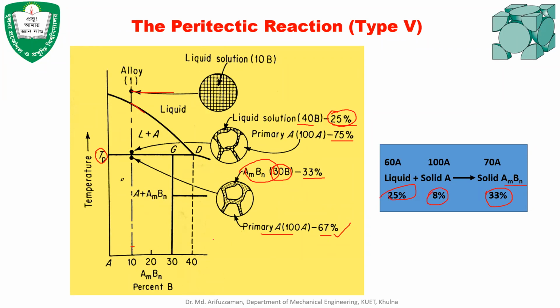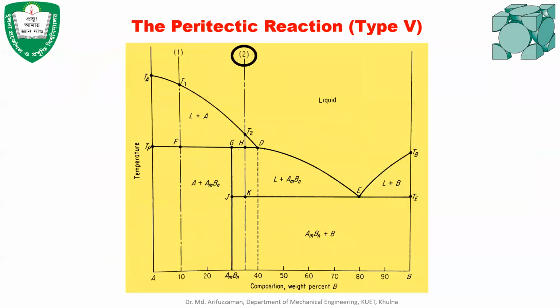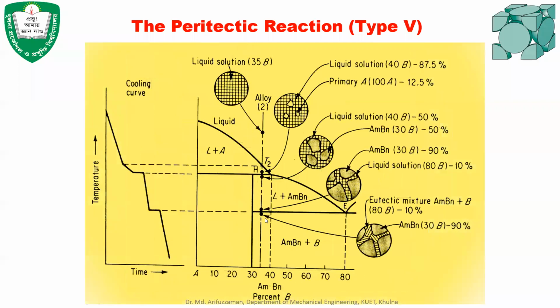All right. Next, let's move to what happens on the other side of the AMBN compound. To see that, we have to consider alloy 2, which is on the other side of the AMBN compound. If we are at a high temperature, above the liquidus line, the liquid solution will have, because this alloy is 35% B, a uniform distribution of A and B, completely soluble.